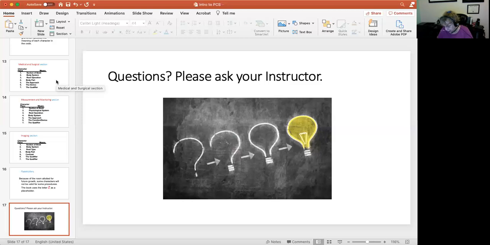Usually I put a tab at obstetrics because it's the first section after the end of med surge. So that would be page 593, the first page of obstetrics.